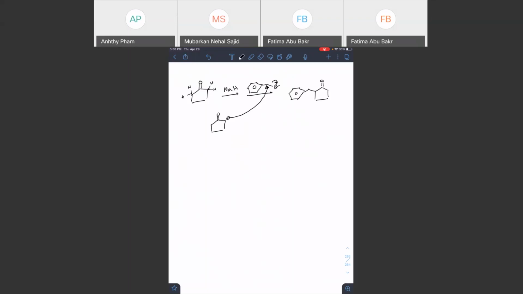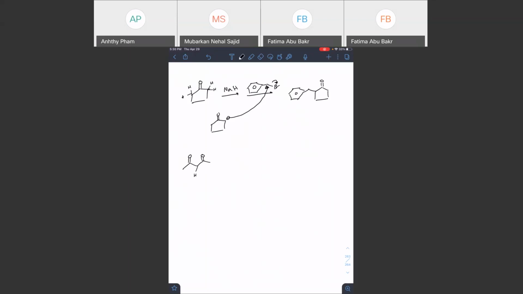So you just need to figure out which one is the most acidic. In terms of lining them up in terms of acidity, it looks like the most acidic is one that has 2 carbonyls on it. You can think about it like the alpha hydrogen here is actually alpha to 2 carbonyls.